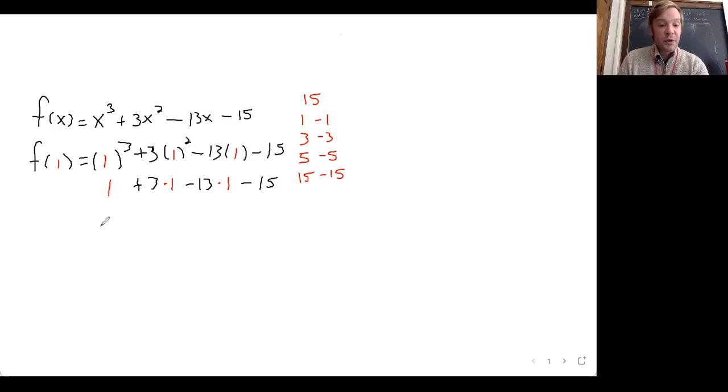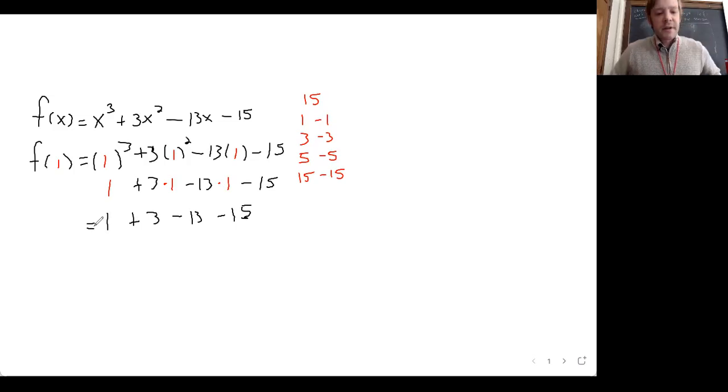Now, when we actually do our multiplication, the 1 stays the same, the 3 also stays the same, the minus 13 also stays the same, and the minus 15, nothing happens there. The only reason those numbers all stayed the same was because we're multiplying by 1. Like I said, it's the easiest number to start with.